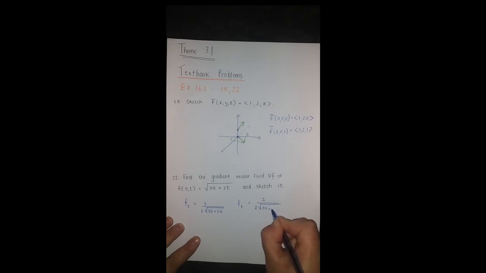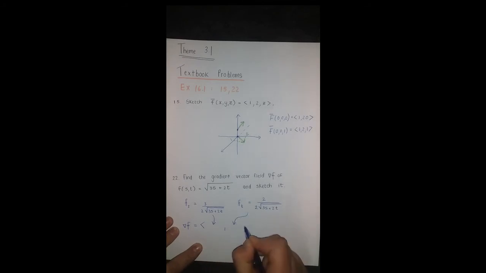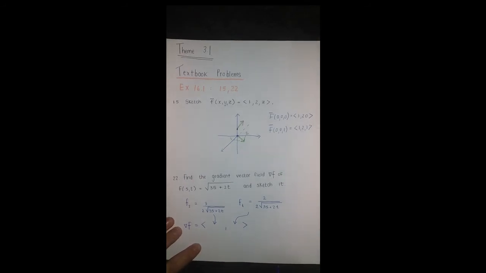So these are your two partial derivatives that you need, and then you can get your del f, which you then include this and that. To sketch it, all you have to do is choose points for s and t.